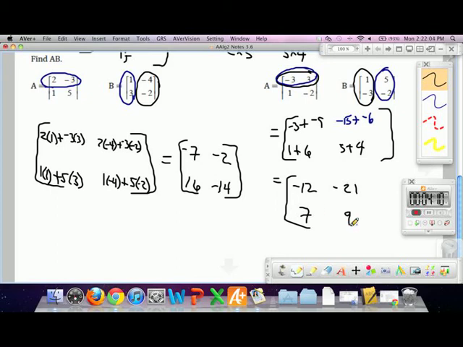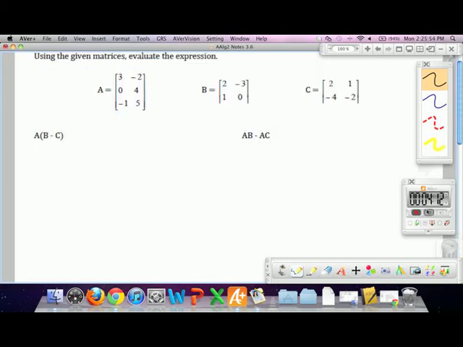In the case of these examples on the backside, order of operations would tell us that we should subtract B and C first, and then multiply by A. So in our first example, let's create a matrix where we subtract B and C first, and then multiply by A. So what's the matrix B minus C? What should that look like? A is this.